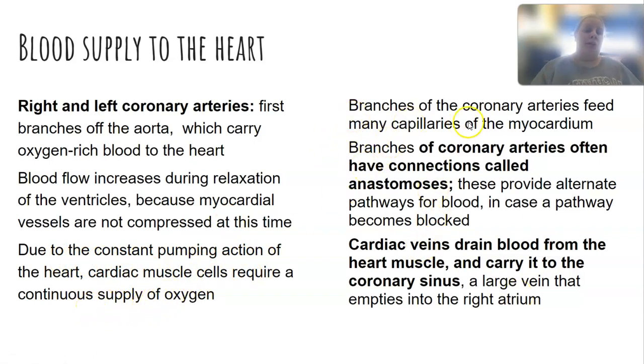So branches of the coronary arteries feed many capillaries of the myocardium, and they often have connections called anastomoses. These provide an alternative pathway for blood. And the cardiac veins drain blood from your heart muscle to carry it to the coronary sinus, a large vein that empties into the right atrium, so that it can become oxygenated blood. Whew. All right.